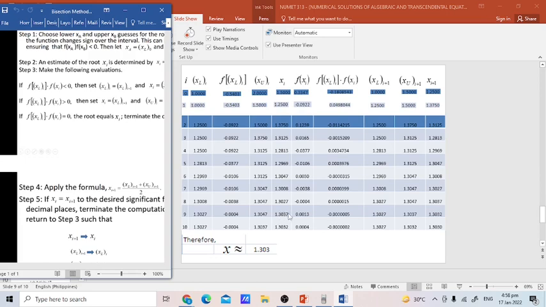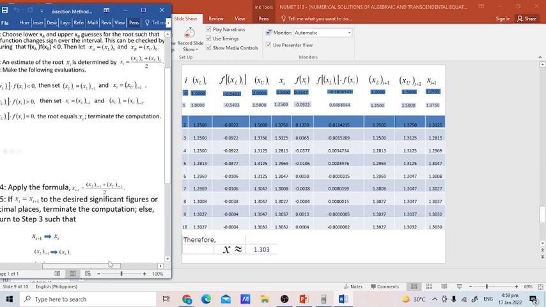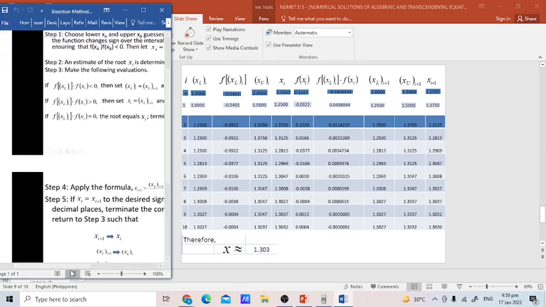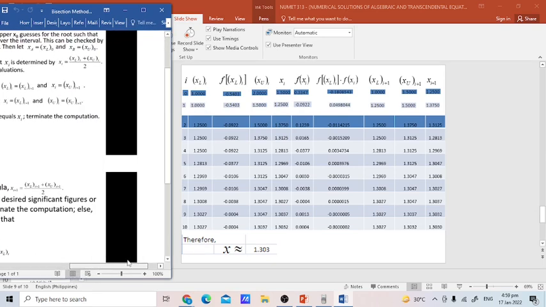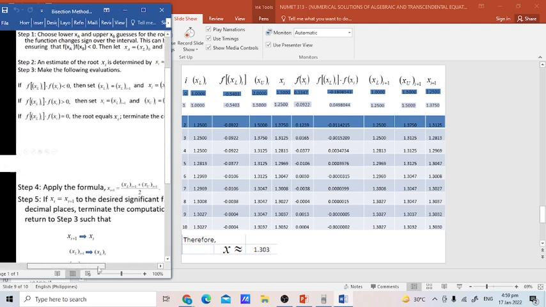Okay? So, dito naman, 1.3032 is 1.303. Konti na lang adjustment nun. Kaya, pupunta ka pa ng i equals 10 para maging equal sila. No? Sa 3 decimal places. So, then, therefore, finalize mo yung sagot. Okay? x is 1.303. Okay? Terminate then the computation kasi na-reach na yung desired, no? Desired decimal places.